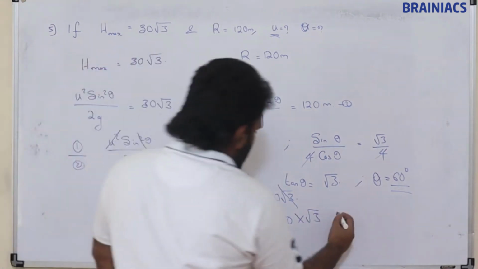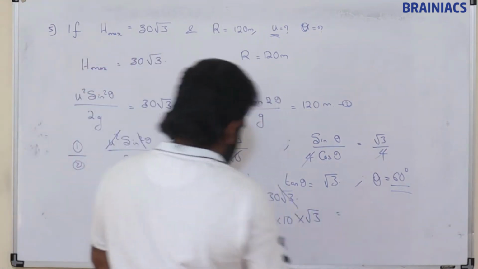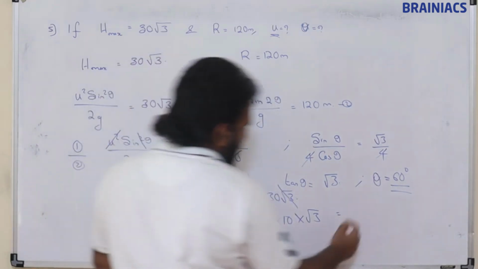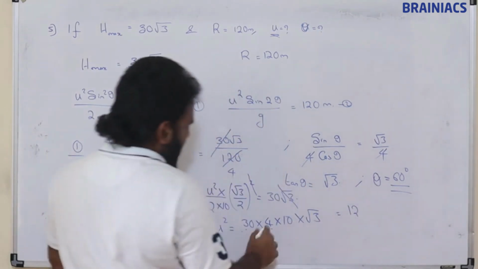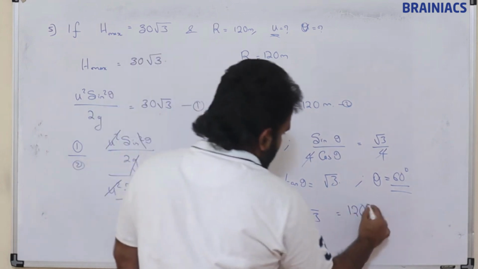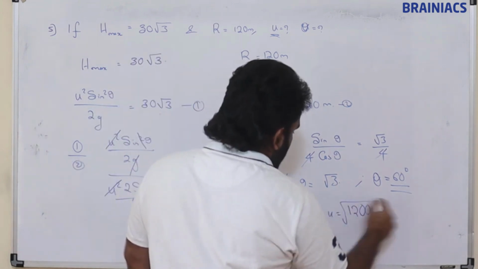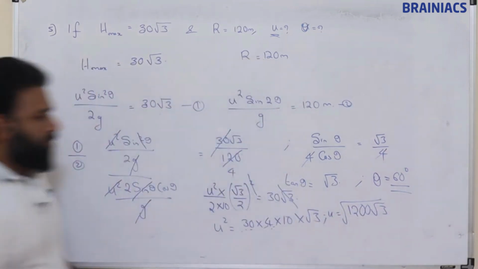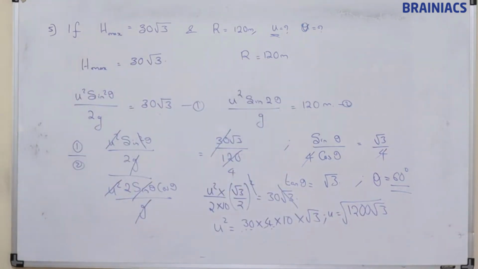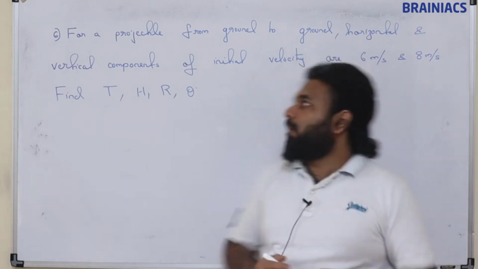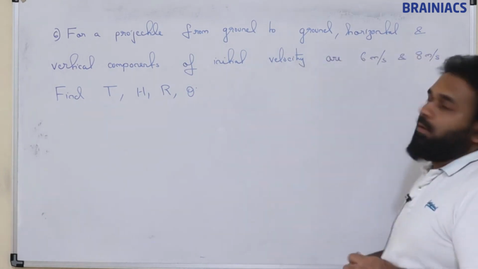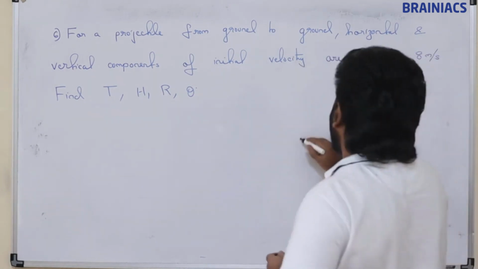So what answer will we be getting? 3 4s are 12, 0 0, root 3. So u is equal to root of 1200 root 3. Leave it like that.